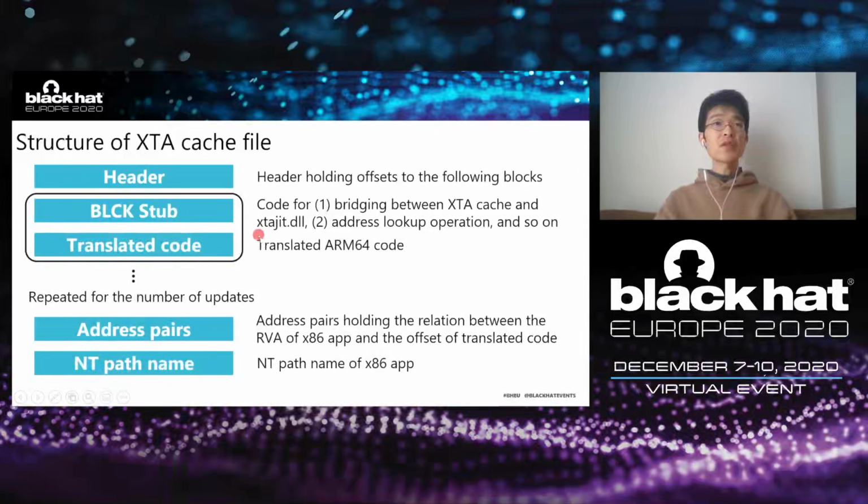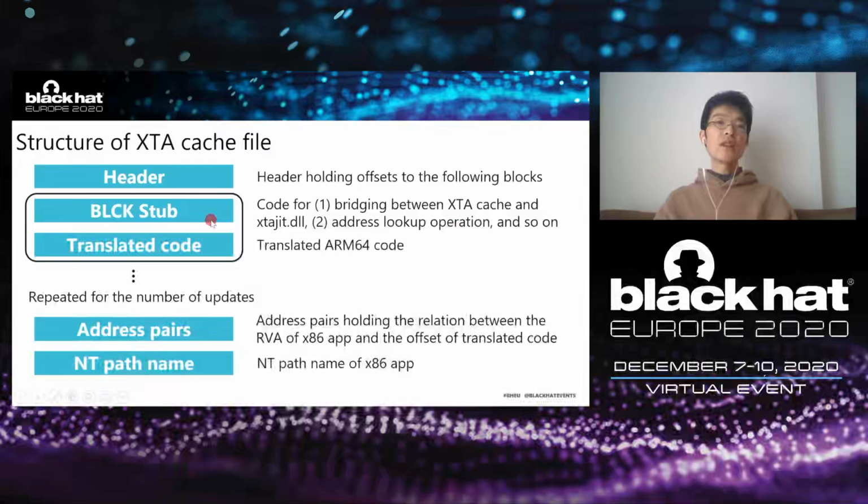Next, let's dig into the structure of XT cache file. Here I show the schematic picture of XT cache file. Header holds the offset to the following blocks. BLCK stub contains code for bridging between XT cache and XTJIT, the address lookup operation function, and so on.